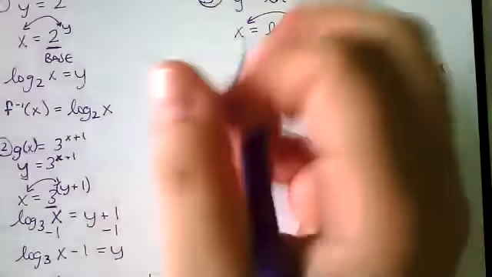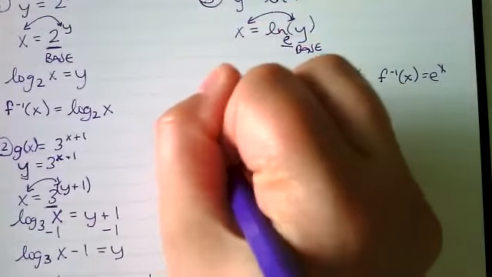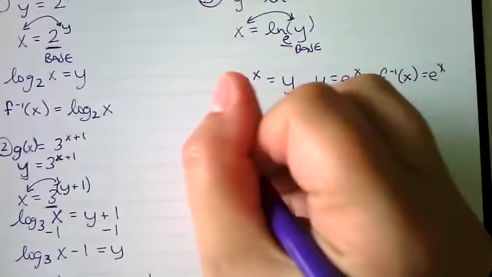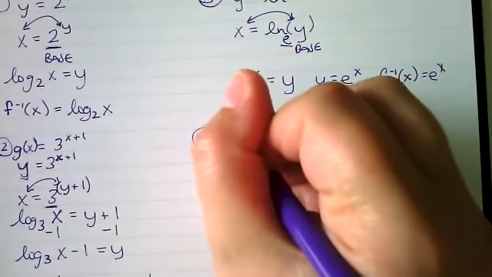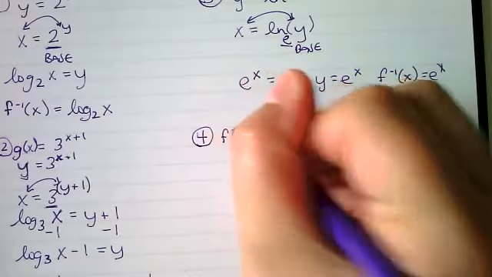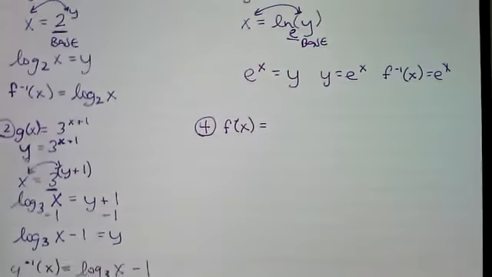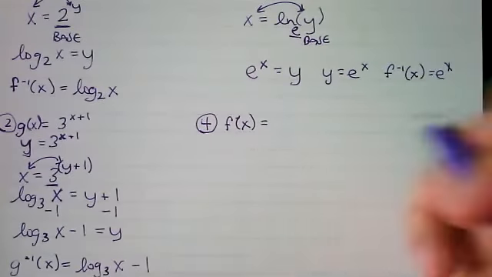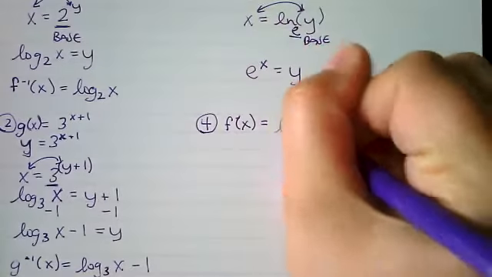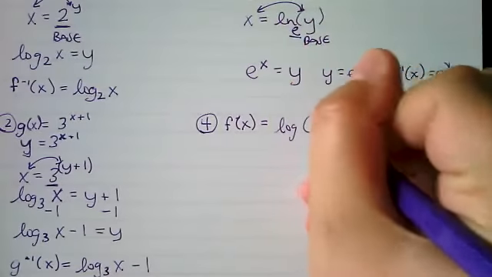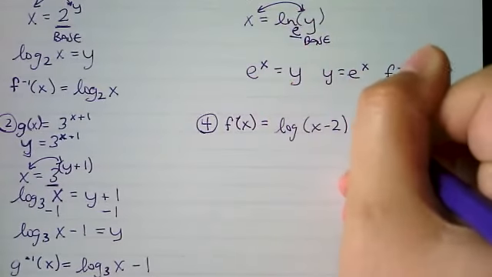Okay, so now this is going to be the most complex one that we've done so far. So we've got, we'll say, f of x equals log of x minus 2 plus 3.